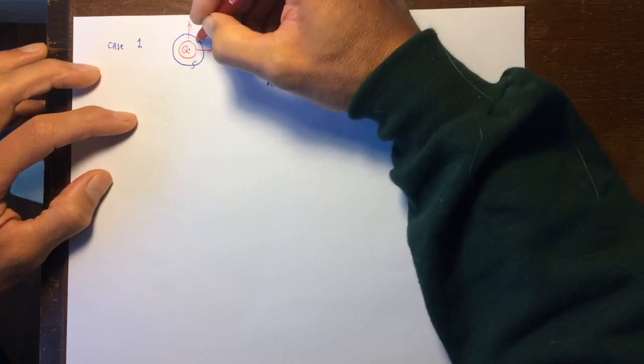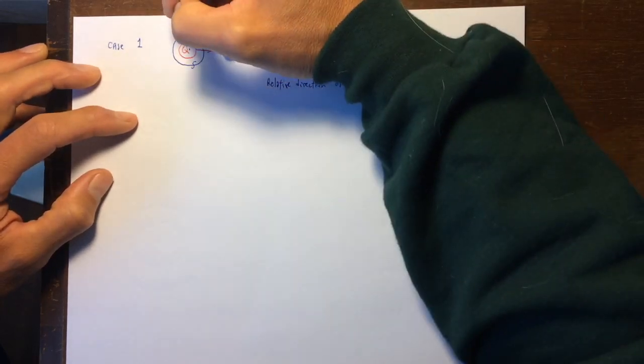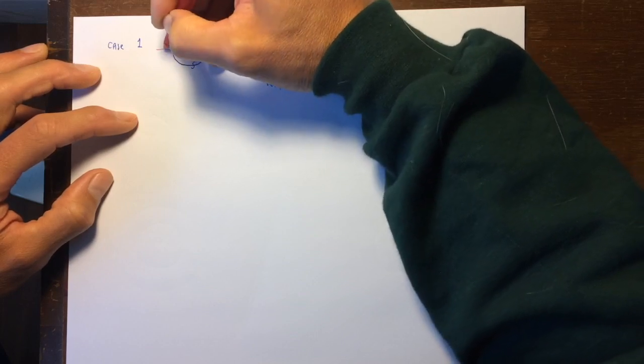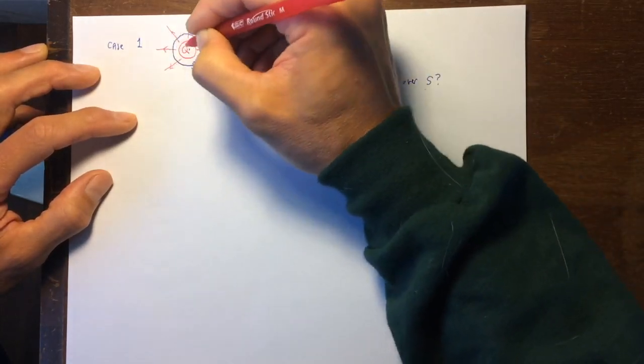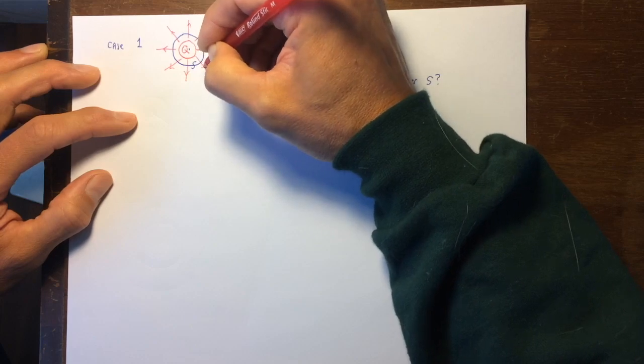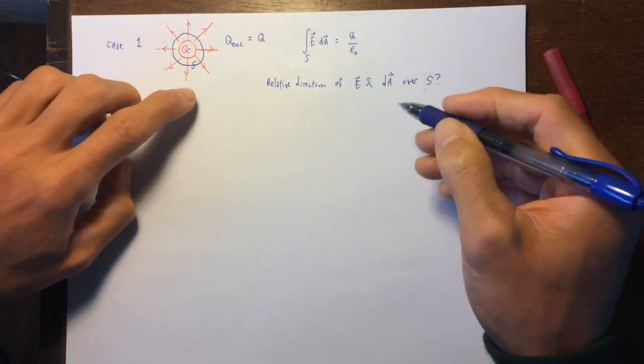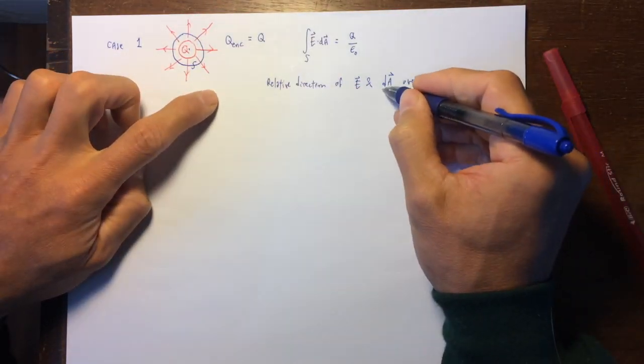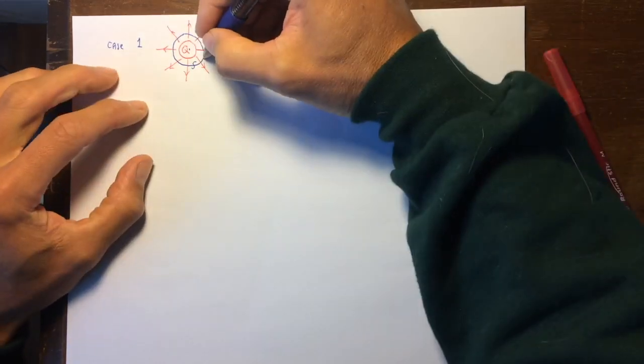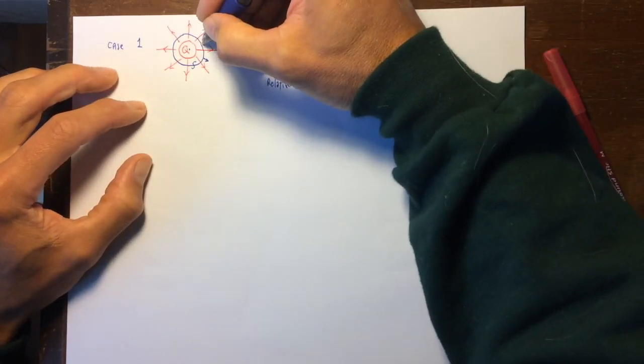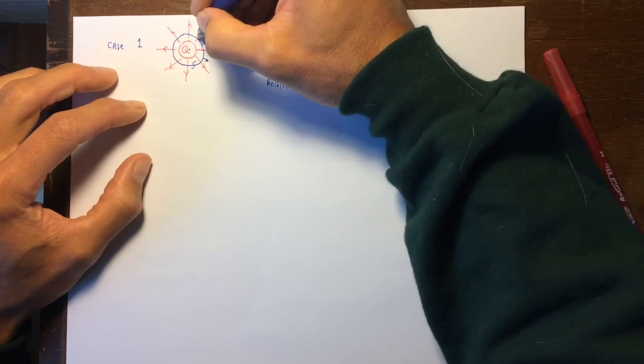If I draw the field line diagram, the field line diagram has to have this spherical symmetry. So here I'm drawing a field line diagram with spherical symmetry, and the area elements of S are just little vectors that point outwards from the surface everywhere.